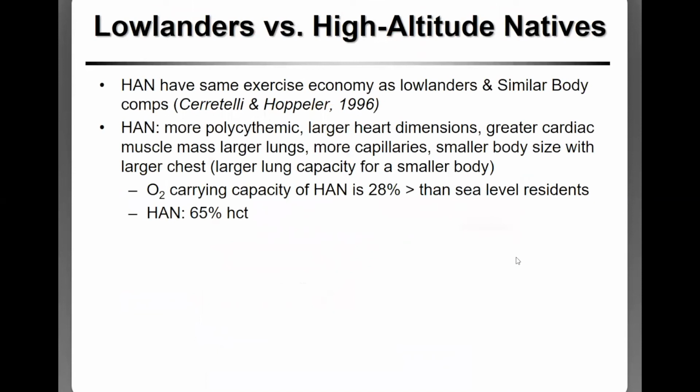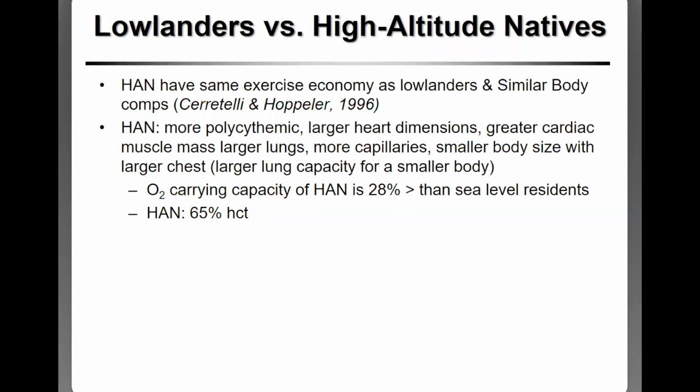So the difference between lowlanders and high altitude natives. High altitude natives are those who live and reside at altitude. Between lowlanders and high altitude natives, they have the same exercise economy and similar body composition. What sets high altitude natives apart is that they are polycythemic, which means their hematocrit is greater than 60%, which means their oxygen carrying capacity is higher than lowlanders.